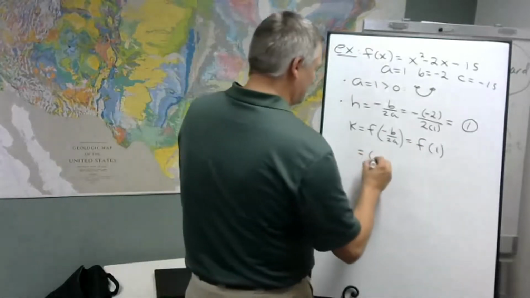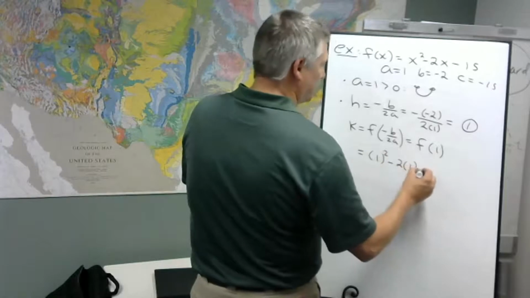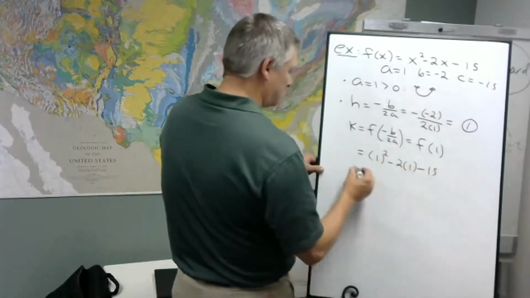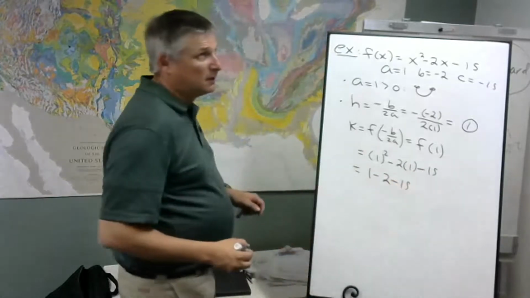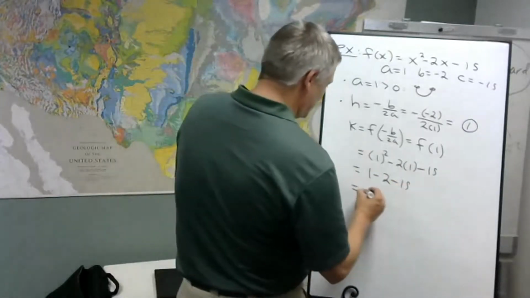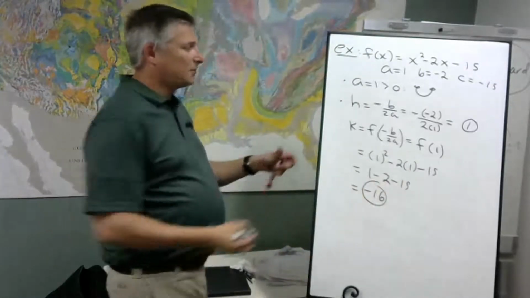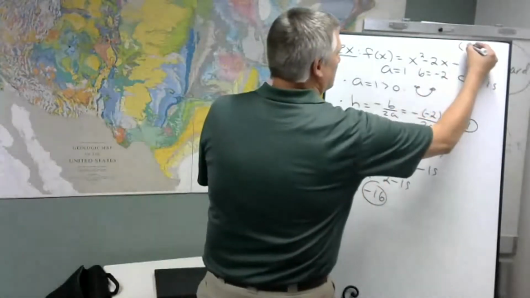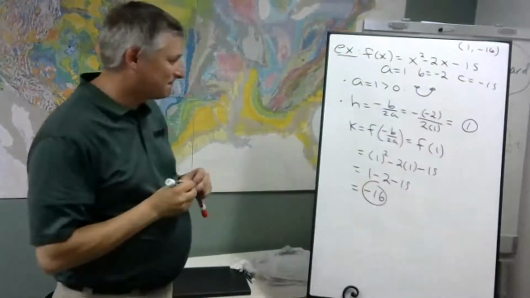And so we get 1 squared minus 2 times 1 minus 15, or 1 minus 2 minus 15, and that comes out to negative 16. So the vertex is 1, negative 16.